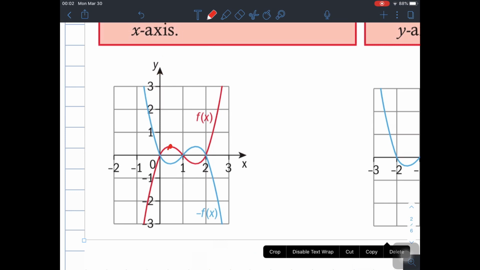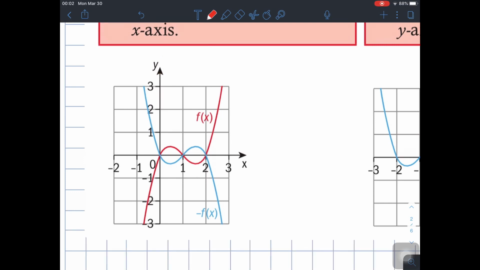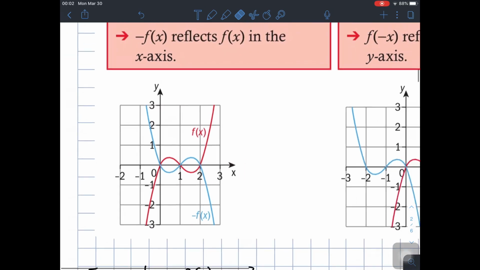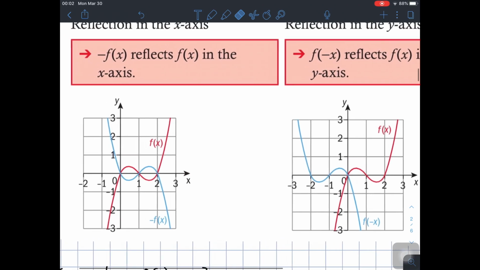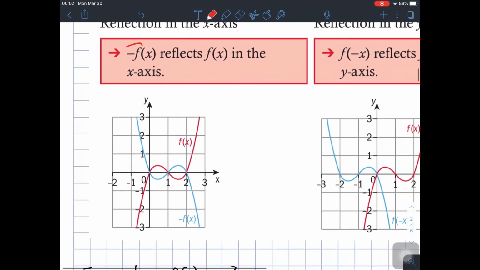So if y here, for example, was maybe 0.3, this point over here would be negative 0.3, and so on. We change the sign of all y-coordinates. We're going to see this in an example in a while. Okay, so that's minus f of x.